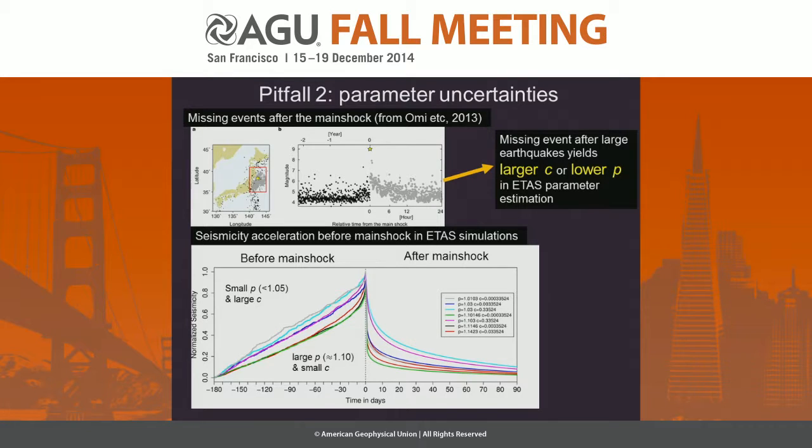The parameter p influences this acceleration rate much more than the parameter c. As in the bootstrap simulation, the p is quite small, about 1.02 or 1.03.